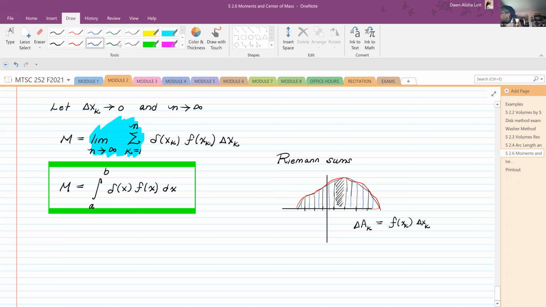Now let's quadruple n. So now my little rectangles are really small. As I let n, being the number of rectangles I have, go to infinity, that gives me the actual integral under the curve.